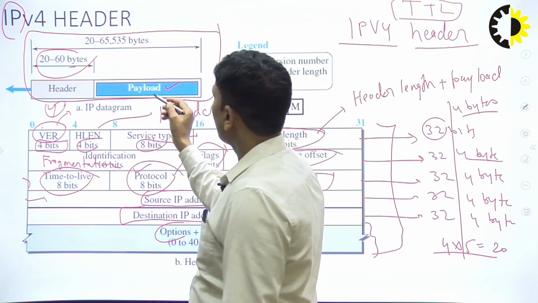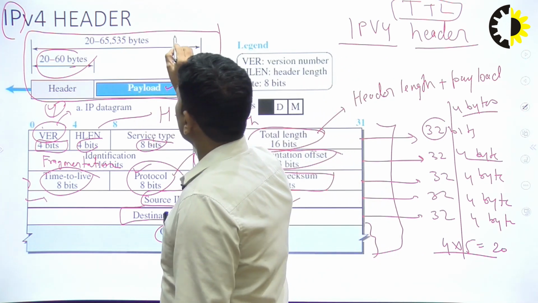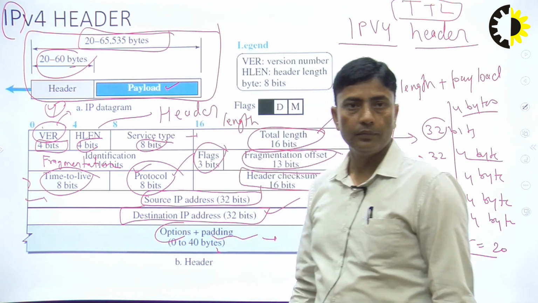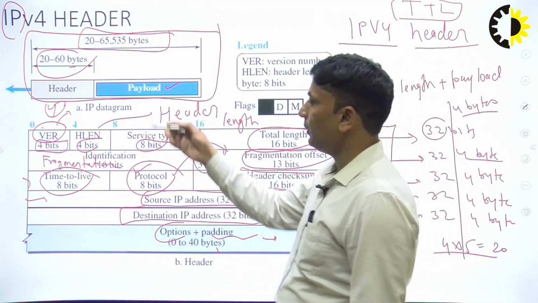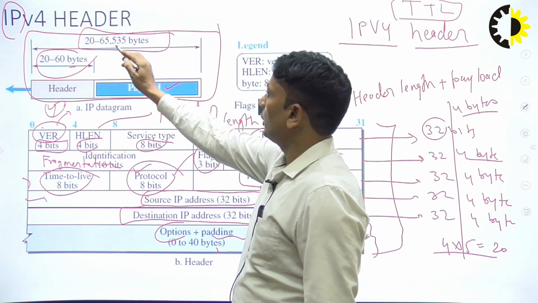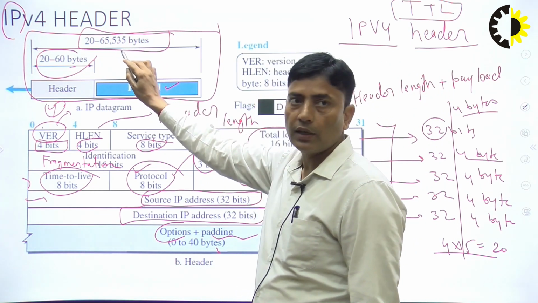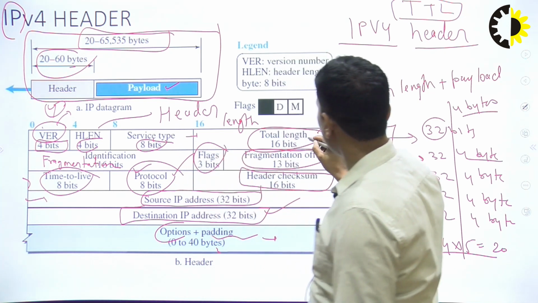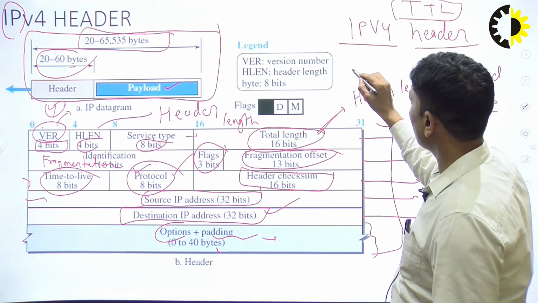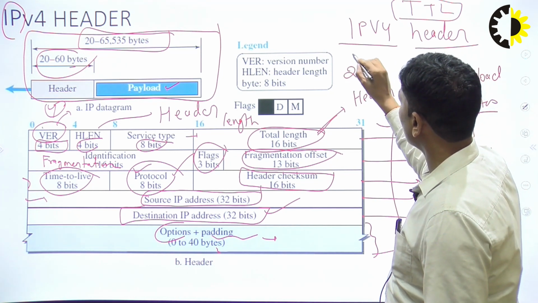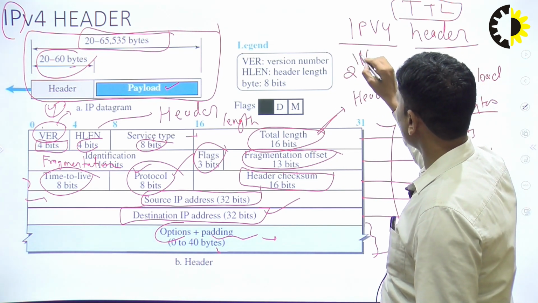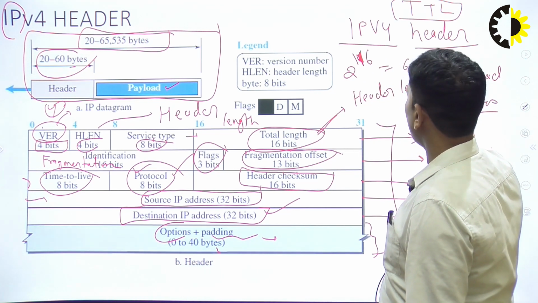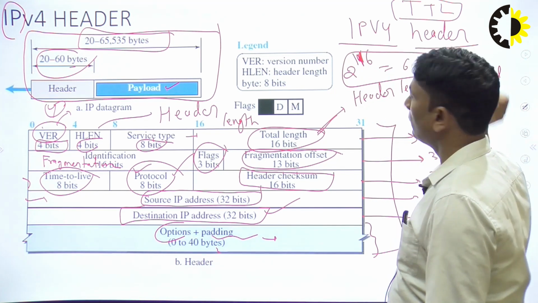And this is the payload. This is the total length of the datagram, which may be from 0 to 65,535. Why this one? Because we know that total length is of 16 bit, which means the total length will be 2 to the power 16, that is 65535.